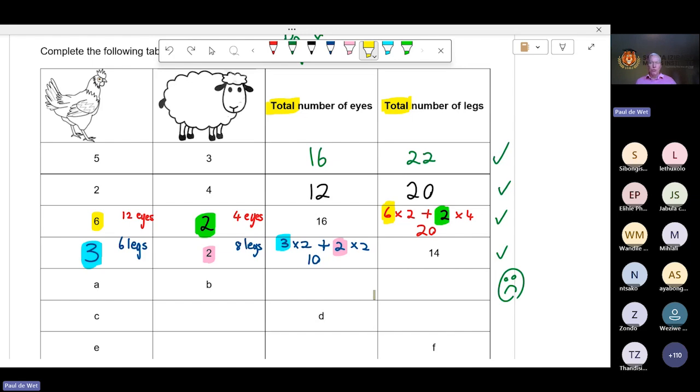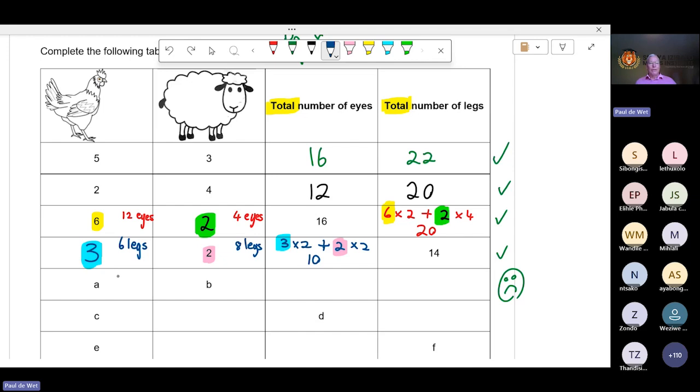Okay, I'm seeing A times 2. Okay, right. Guys, AB is not right. AB means A times B. We're not multiplying the number of hens and the number of sheep. Okay. All right. Let's write it down over here.